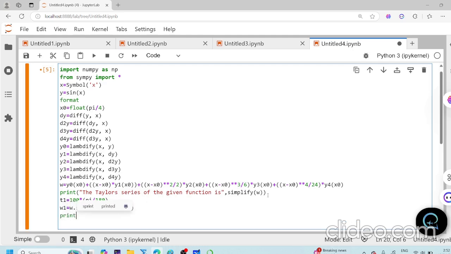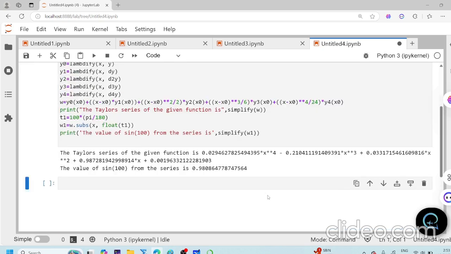Then let me print the value of sin 100 from the series, which is the simplified value of W1. It is 0.980864 something. So this is the value of sin 100 obtained from the Taylor series.